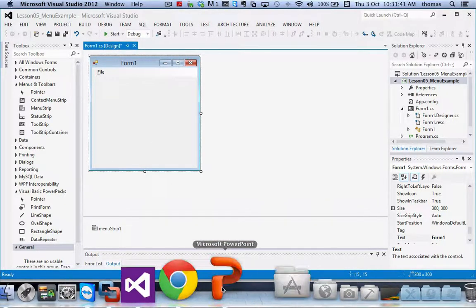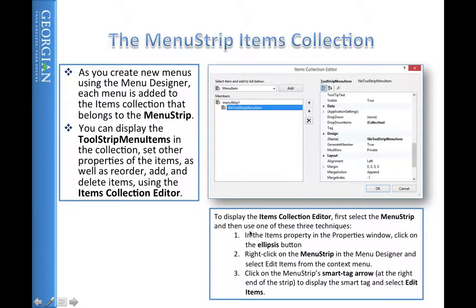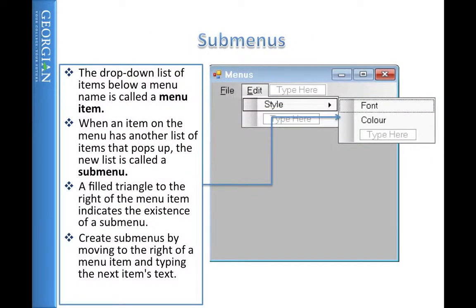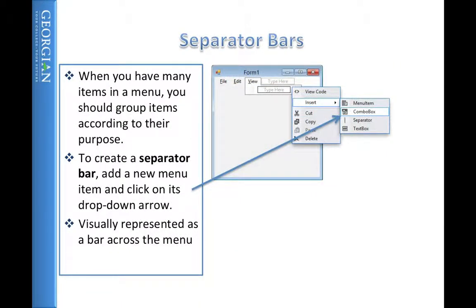OK, let's go back. So we've kind of covered this, and this, and this. So if I want to put a separator, because sometimes I want to put a separator bar in there, I have a lot of menus, and to represent a separation between one type of object and another, sometimes it's good to put a separator in.